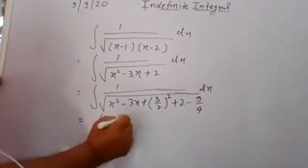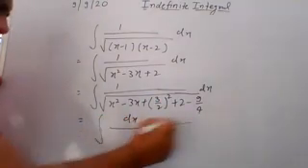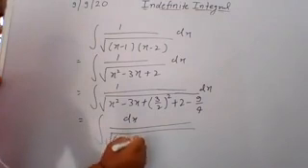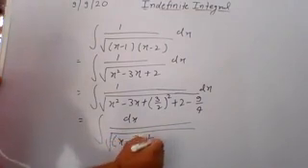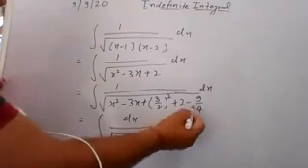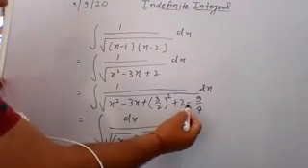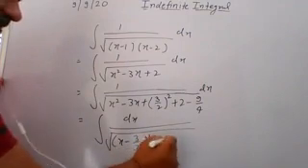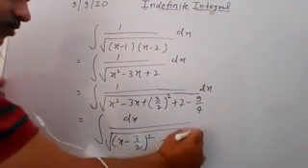And it is equal to integration of dx upon within root, here you have x minus 3 by 2 whole square plus, just check what you have here. So 2 is 8 by 4, minus 9 by 4 is minus 1 by 4. So right here minus 1 upon 2 whole square.